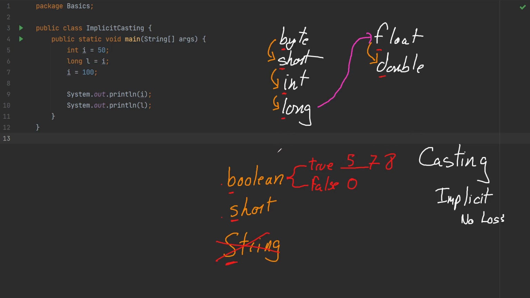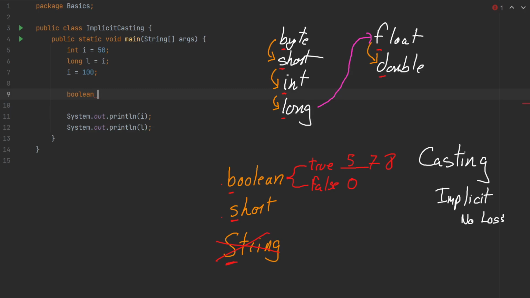Depending on the language, you might see it being converted to 1 or 0. You'll have to check with that language. But normally, a Boolean casting to any of these will not work. So I cannot do, as an example, Boolean, let's call it B for Boolean, and I say true.